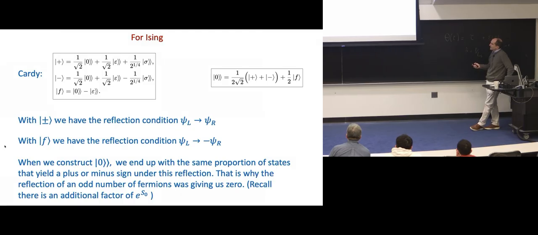And basically, when now we send the fermion to this Ishibashi state, there is some interference between the terms that give us a plus sign and terms that give a minus sign. And so when we get an odd number of fermions, it vanishes. When we send an even number of fermions, all these minus signs cancel, and we get the same as what we sent in.